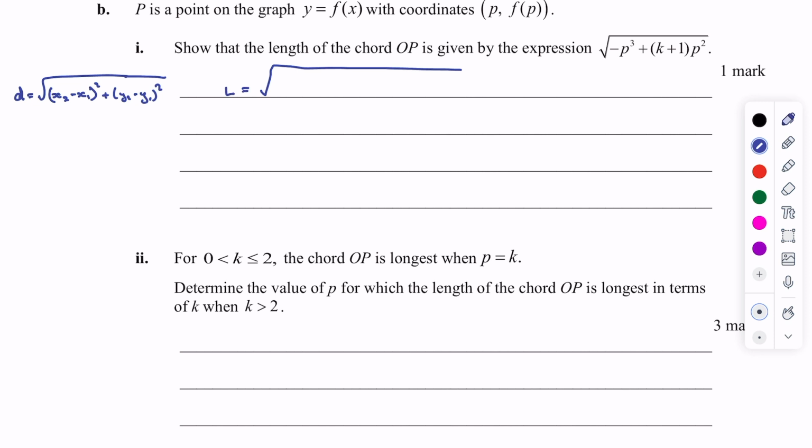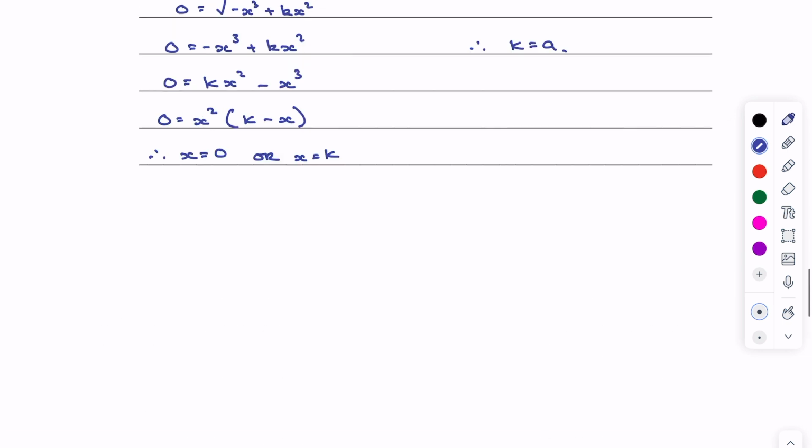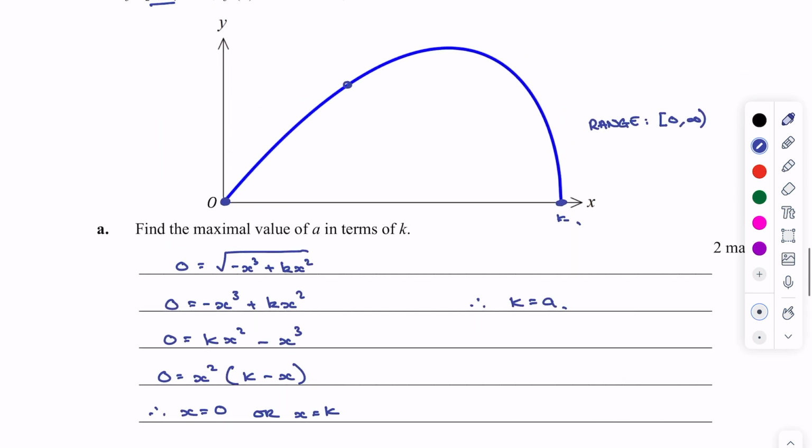So when I focus on my x values, in my graph I have some point P, and then if I write it as minus P cubed plus Kp squared, that's the length there, because I've got 0, 0, all I'm doing is really honing in on these coordinates.